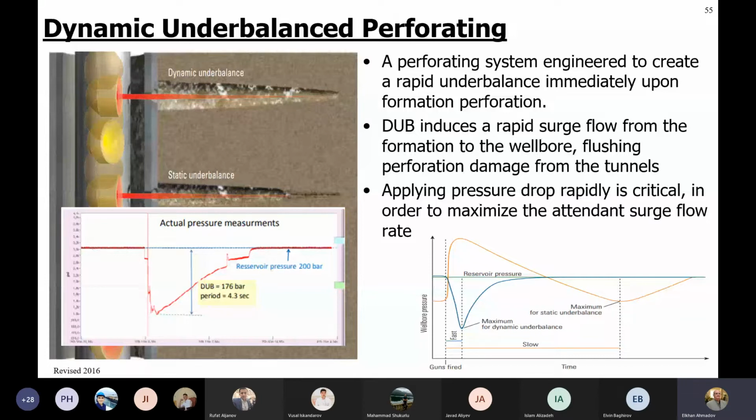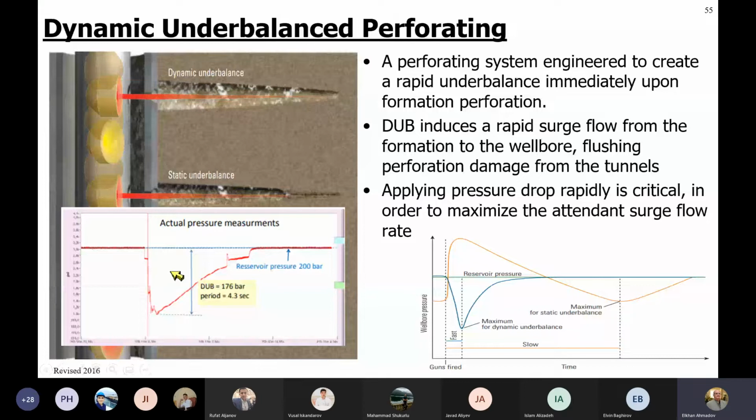So that lowers the wellbore pressure for a very short time. You can see here the actual measurement: 176 bar. This is a very, very huge number for underbalance or pressure drawdown, and it is just for 4.3 seconds.